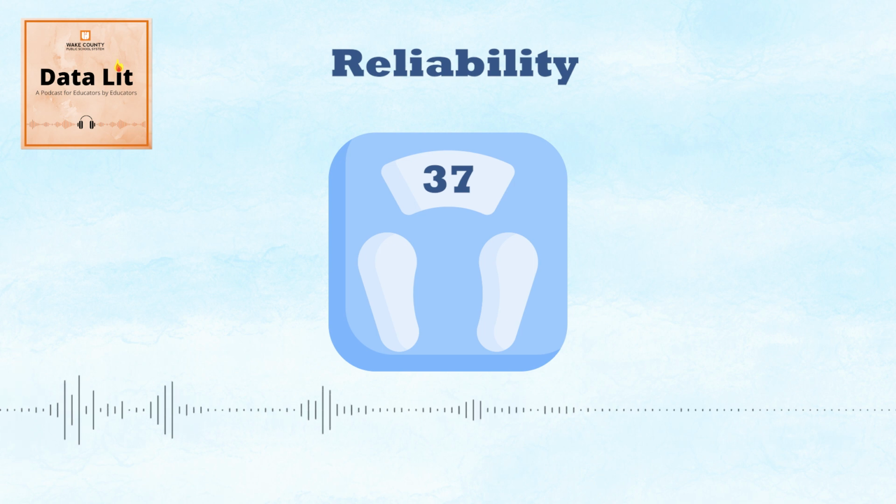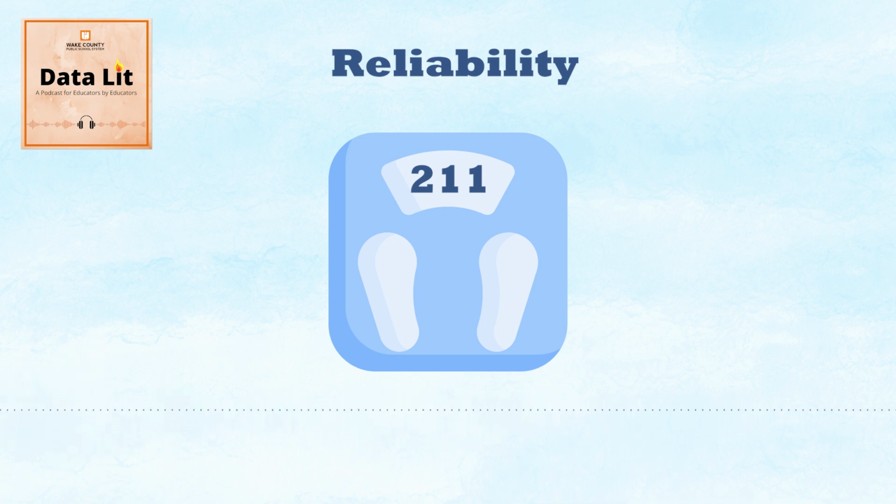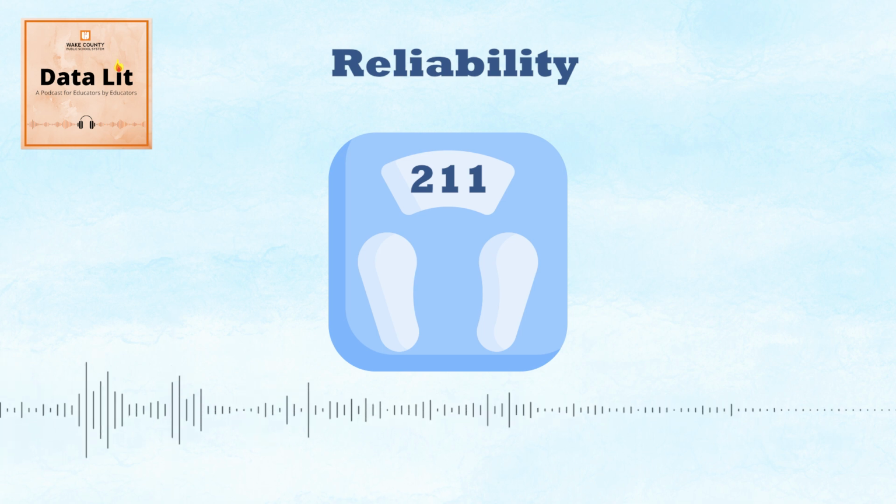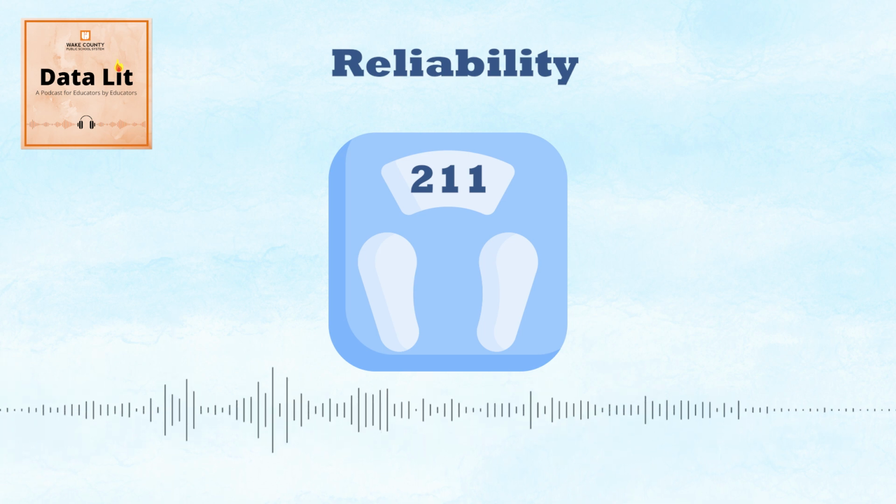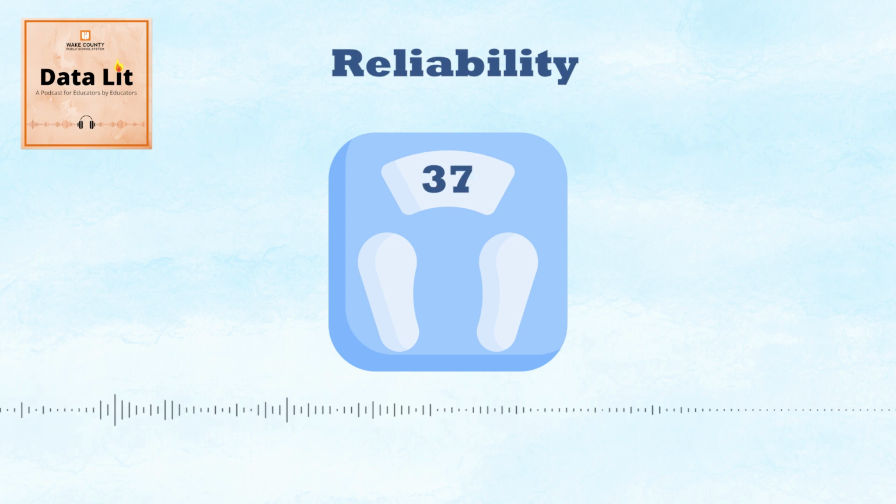Now, if I got on and it said 210, and I got off and back on and it said 211, I'd say, okay, that's pretty close. That's dependable enough. But if it was giving me wildly different information, it's kind of worthless. If it said 210 and then 37 and then 355, I'd say this scale is garbage, I'm going to throw it out.